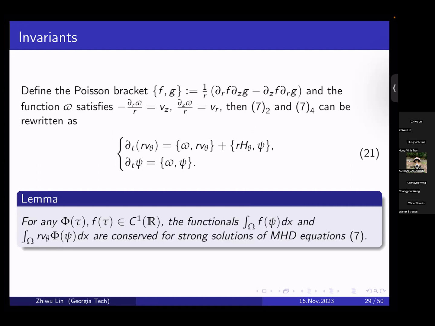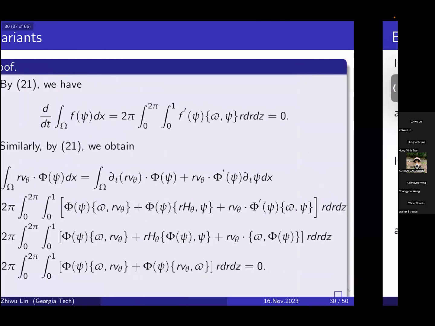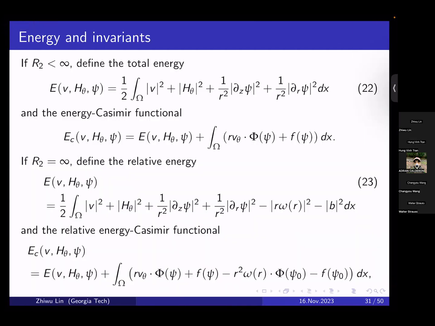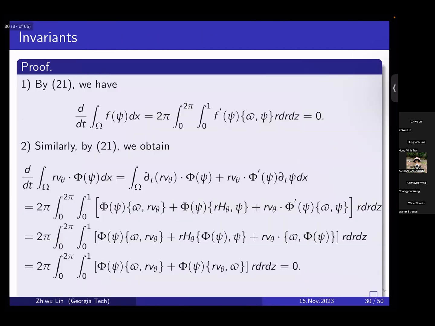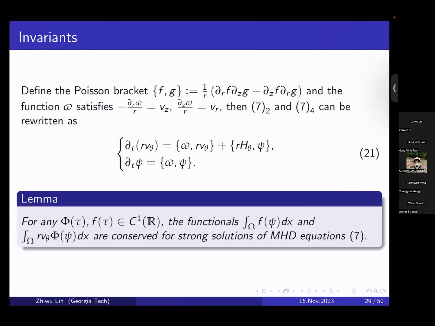For the nonlinear stability, we use the so-called energy-Casimir method. First, consider the nonlinear MHD system. Besides the energy, which is a conserved quantity, the total energy is conserved. There are infinitely many invariant quantities given by the following two.